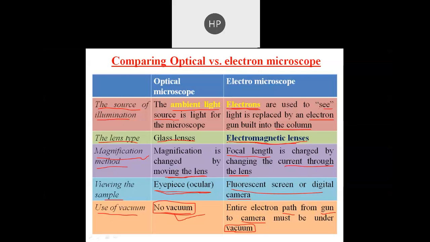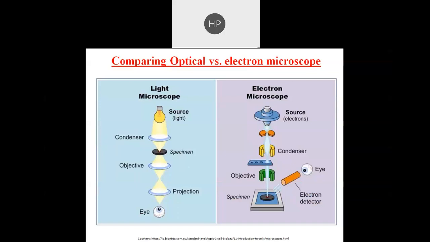So in the same way, here are the differences between the optical microscope and the electron microscope. We have seen the source of illumination, the types of lens being used, the magnification method, viewing the sample, and vacuum.